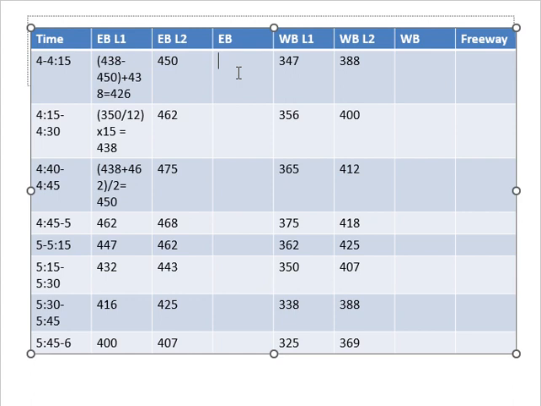So this will be 450 plus 426. Next one, 462 plus 438. 475 plus 450. 468 plus 462.